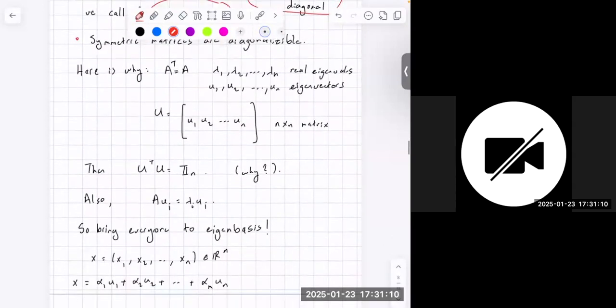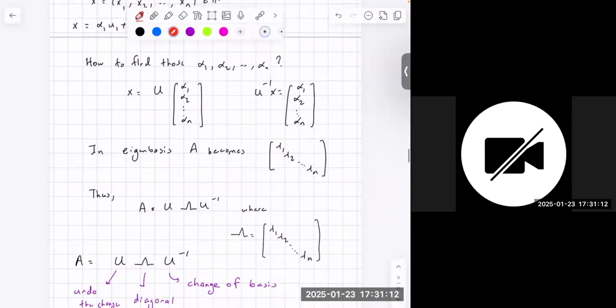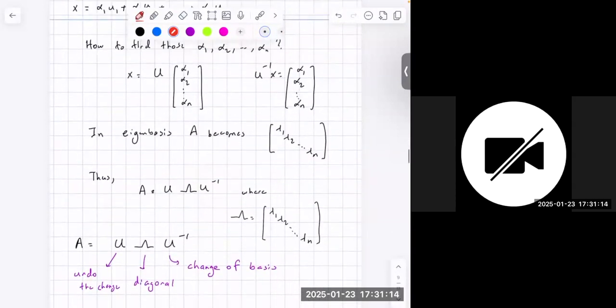The good thing is, when you have a symmetric matrix A, it is going to be diagonalizable. The diagonal entries will be eigenvalues. I will go on this a little slower, don't worry.